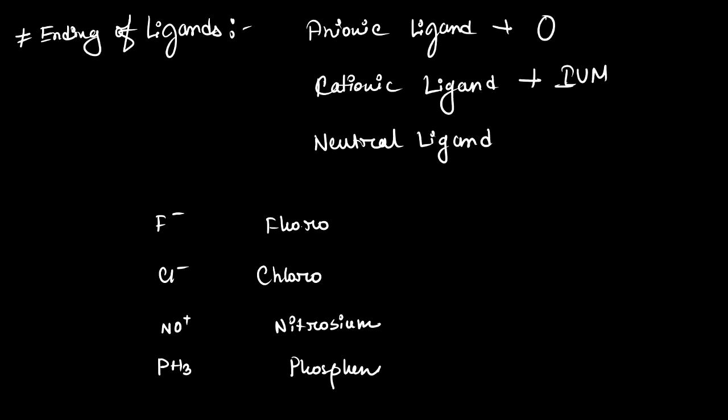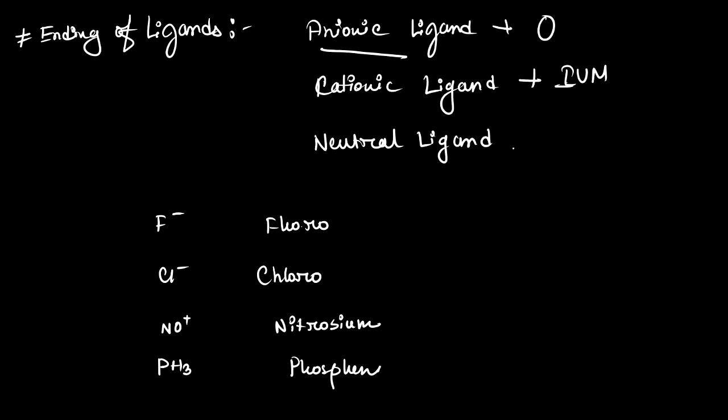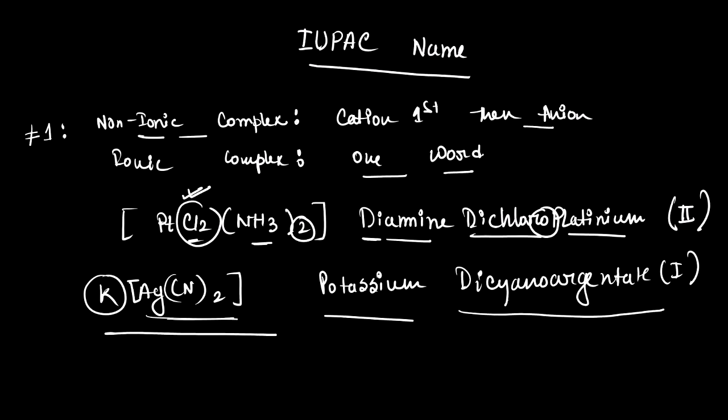Let's see what the next rule is. If we have an anionic ligand, as you can see the anionic ligand chlorine, we attach one extra letter O. If we have a cationic or neutral ligand, we do not attach anything for a neutral ligand, but for a cationic ligand we attach IUM. As you can see here, diammine is written, since amine is neutral we have not attached anything.